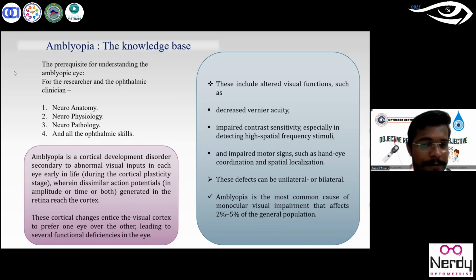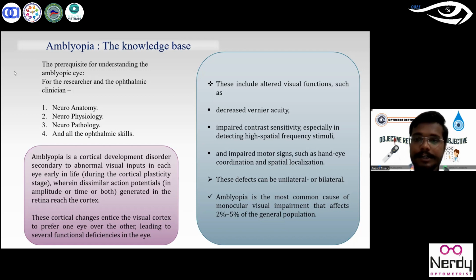Amblyopia is a cortical developmental disorder secondary to abnormal visual inputs in each eye early in life during the cortical plasticity stage, wherein dissimilar action potentials, amplitude, or time or both generated in the retina reach the cortex. These cortical changes entice the visual cortex to prefer one eye over the other, leading to several functional deficits.